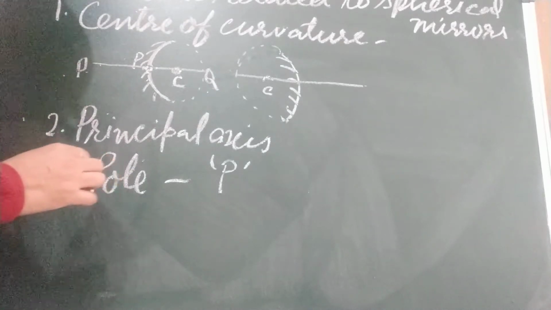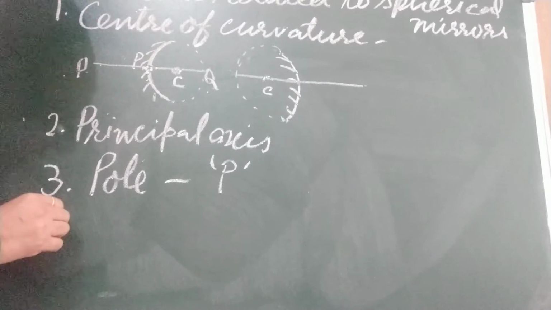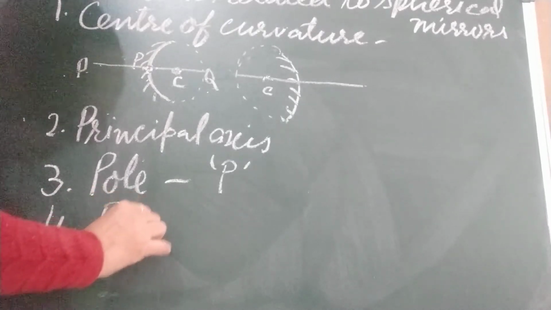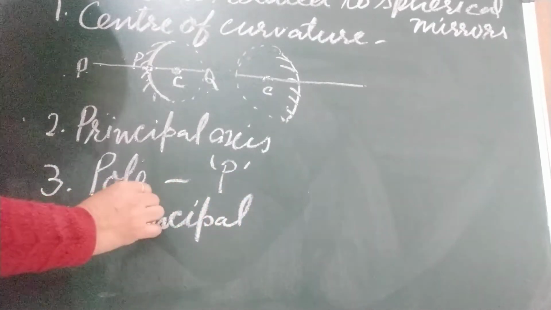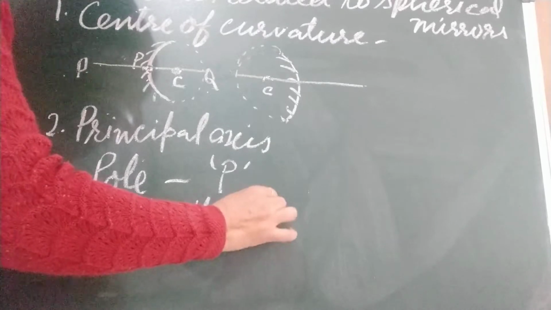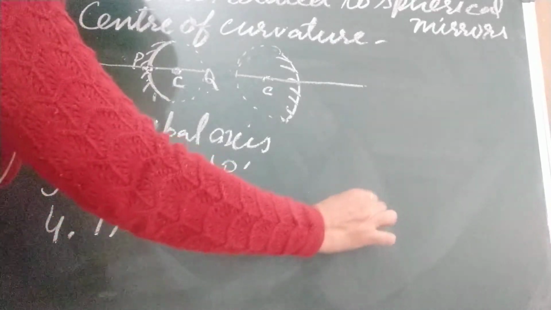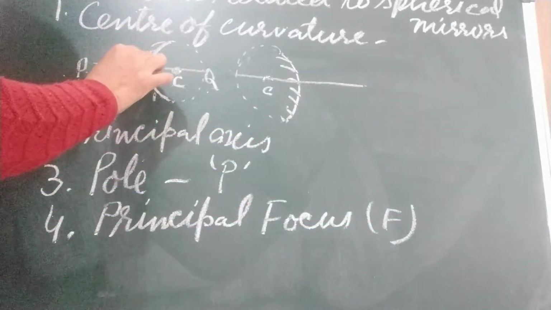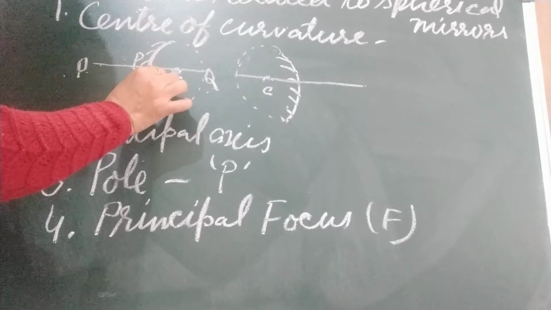Okay. Now what is principal focus? The fourth is principal focus. We write it with the capital F. Children, this is half of the distance between pole and center of curvature.